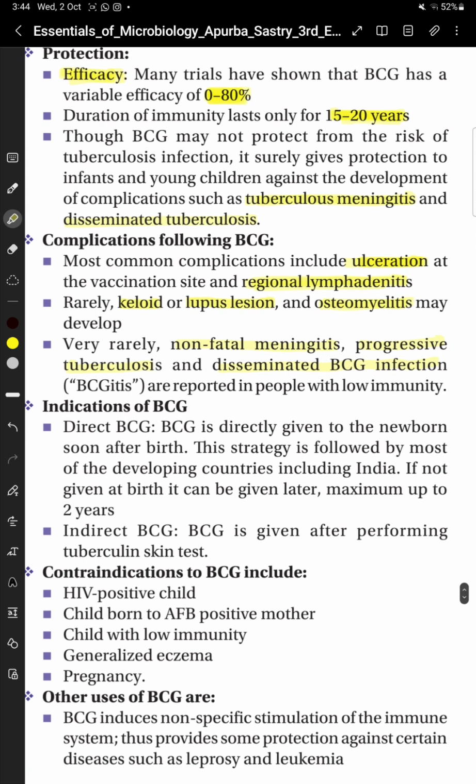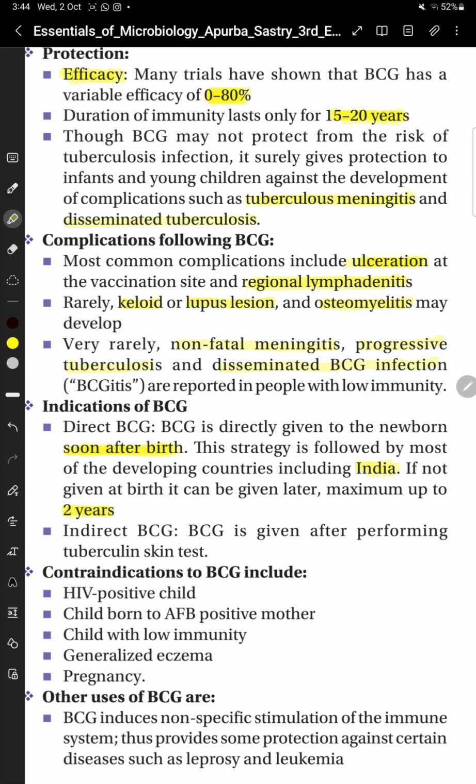Indications of BCG. Direct BCG: BCG is directly given to the newborn soon after birth. This strategy is followed by most of the developing countries, including India. If not given at birth, it can be given later, maximum up to 2 years.